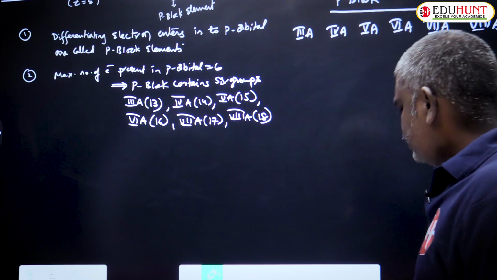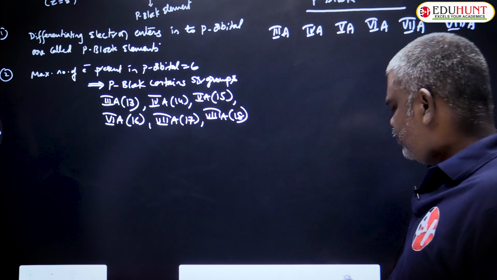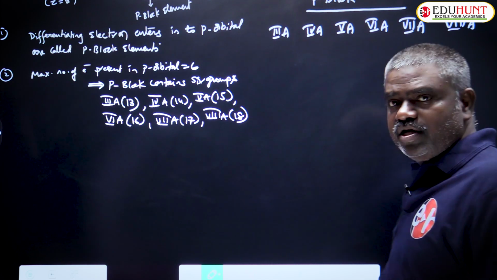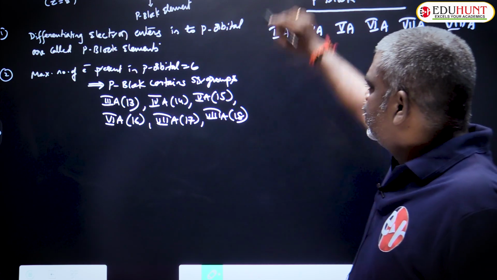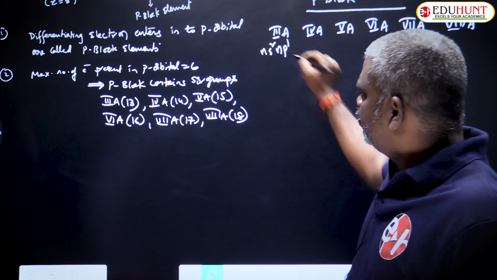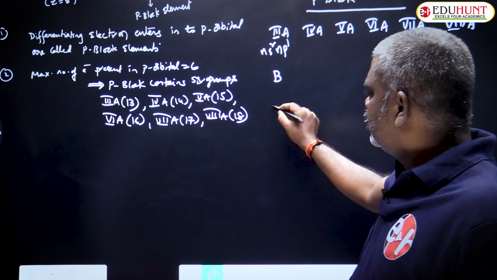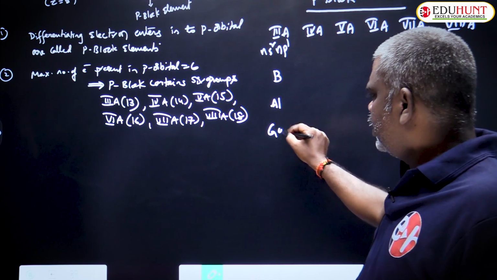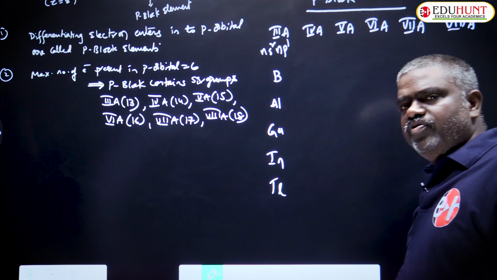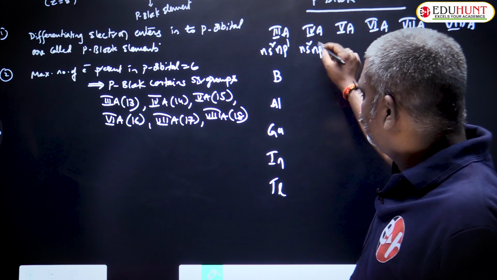Now see, 3A group elements generally have the general electronic configuration ns2 np1. The elements are boron, aluminum, gallium, indium, thallium. 4A group elements are ns2 np2.